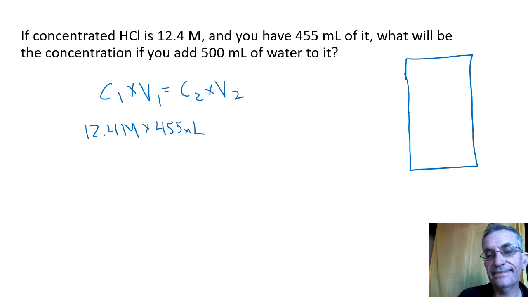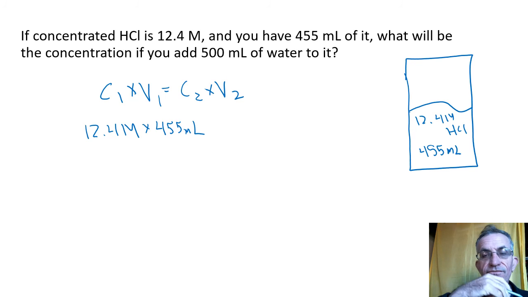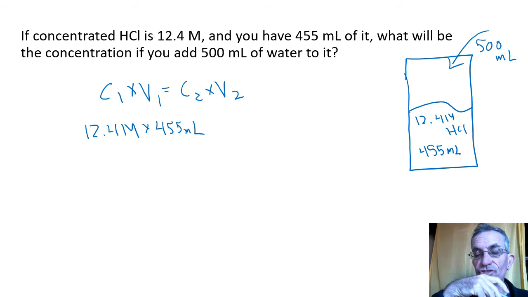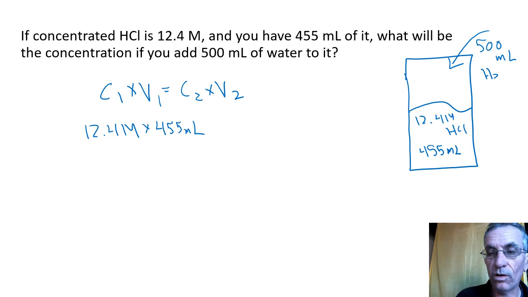So in this container, we have 12.4 molar hydrochloric acid. There's 455 milliliters of it. That's what it's told me so far. Let's keep reading. What would be the concentration after we add 500 milliliters? So now I'm going to pour in 500 milliliters. What would be the concentration after we add that water?